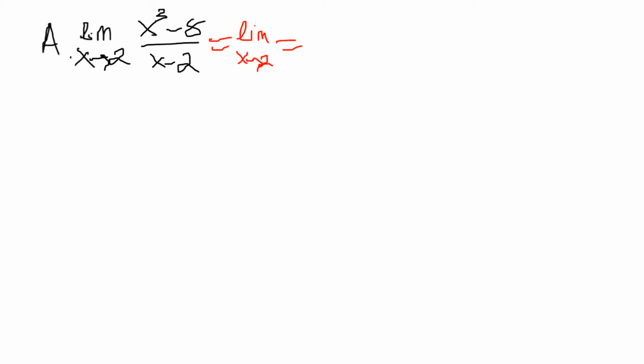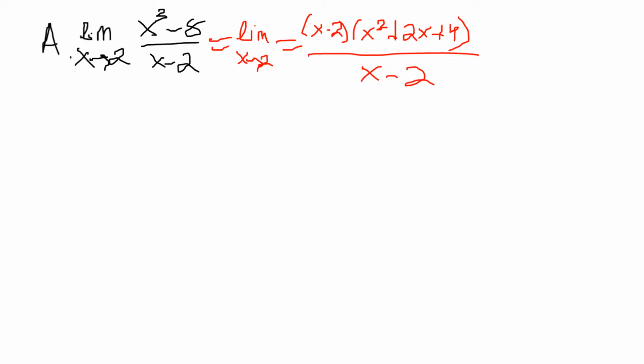Then that is equal to x minus 2 times x squared plus 2x plus 4 all over x minus 2. Excuse me, you do not have to write the equal sign in front of the limit.